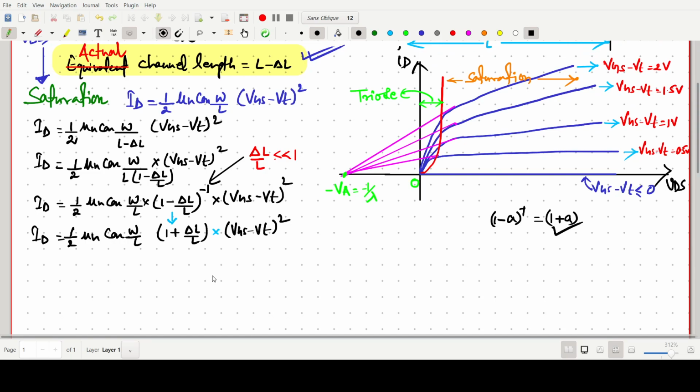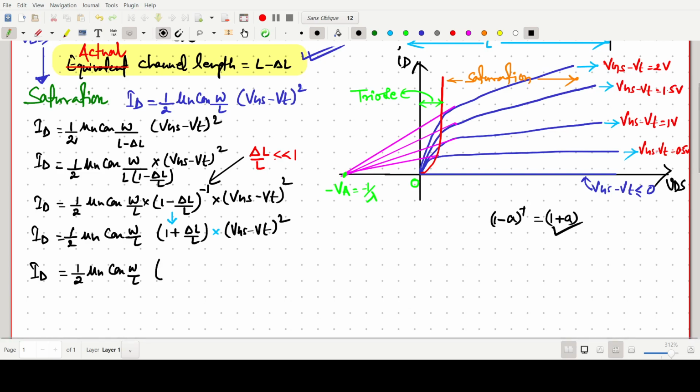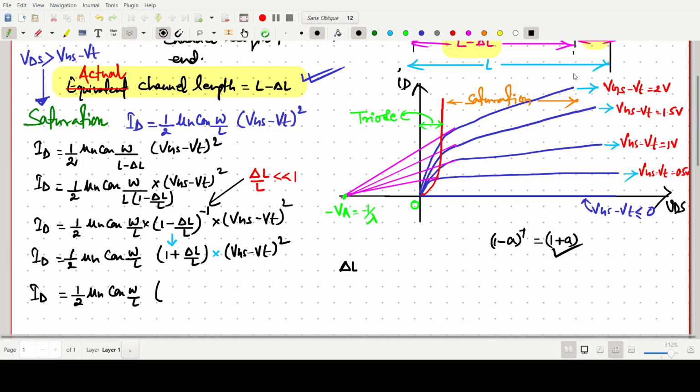Now what we can do now, ID once again I am writing 1 by 2 mu n Cox W by L. Now delta L, that is our channel length, this one shifts by say delta L. So delta L is somehow dependent on the voltage across the drain to source.